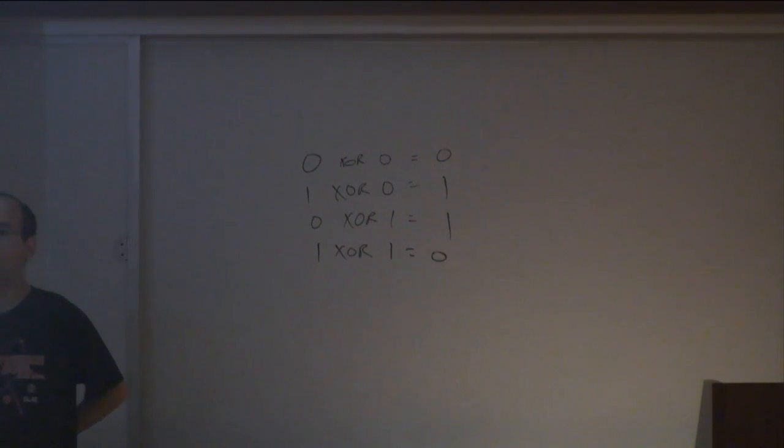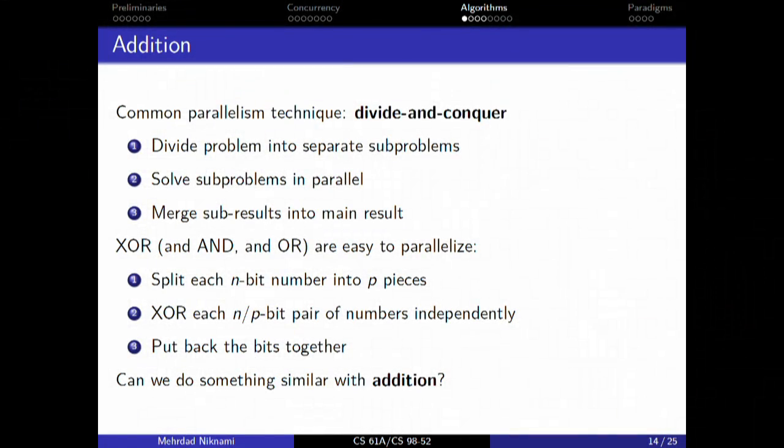So do you have a question? No? The reason it's not so easy to do something similar with addition is that if there is a carry, then your answer is not the XOR anymore. It's something else. You need to add one more. But it turns out you can do something like this, and that's what I'm going to go over.